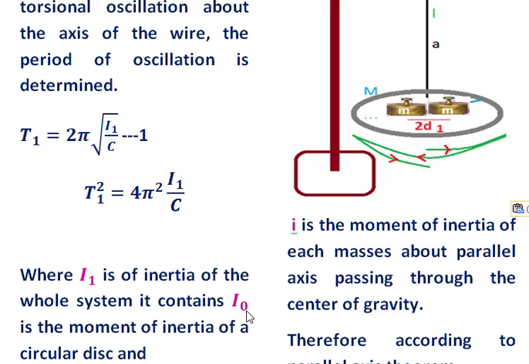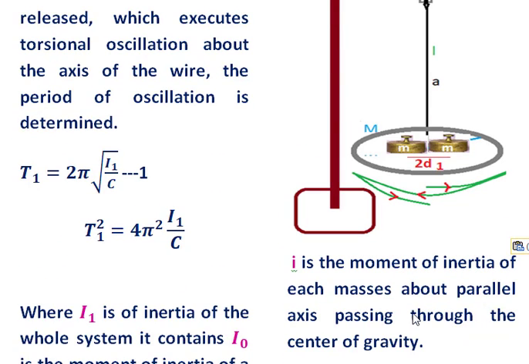It contains different components. I0 is the moment of inertia due to the circular disc, and small I is the moment of inertia of each mass. The small I is due to this mass, and another I is the moment of inertia due to this mass, each about the parallel axis passing through the center of gravity.